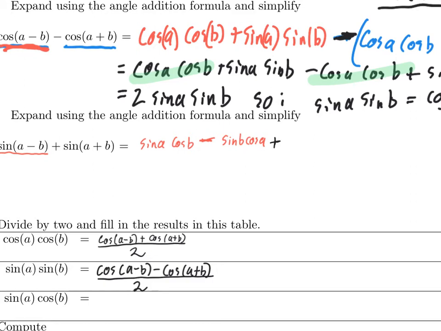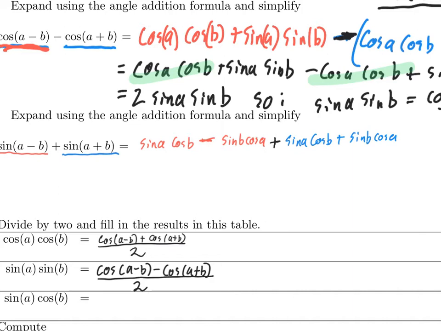Plus sine of A plus B, which is sine A cosine B plus sine B cosine A.